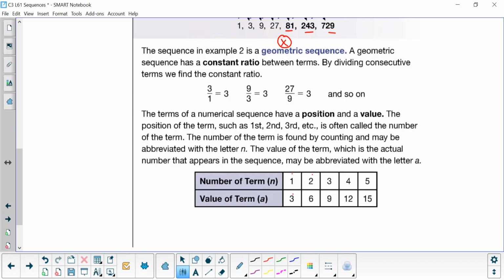It's the term. We can put it in this chart here because we're going to create a formula with it. Maybe I don't want to find the next 3 terms, maybe I want to find the 20th term. And instead of having to find all of the numbers in between 5 and 20, I can just jump right to the 20th term using that formula. And that's the next thing we're going to look at.